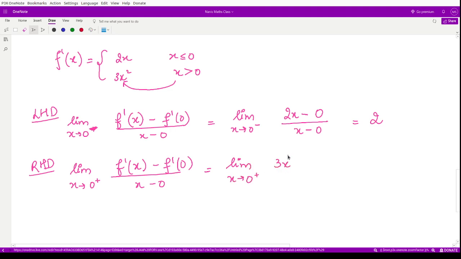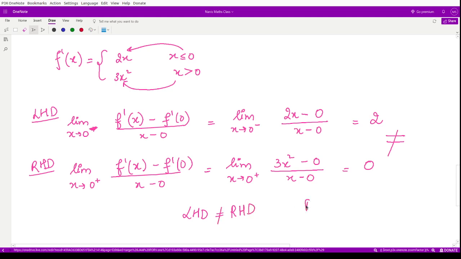So we have 3x square, and the value at 0 is 0, and you have x minus 0, so its value is equal to 0 here. So you see, in any case, these two things are not equal. The left hand derivative over here is not equal to the right hand derivative over here.